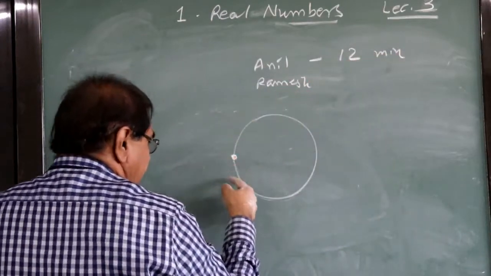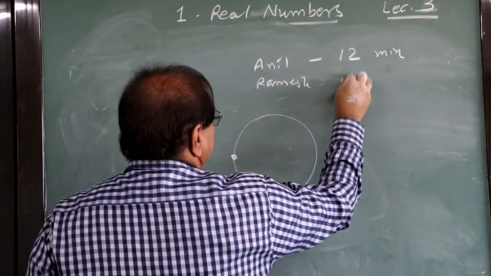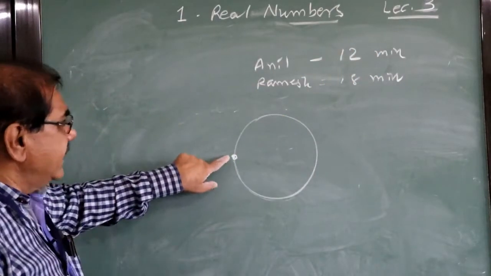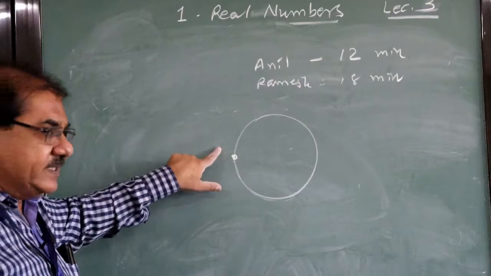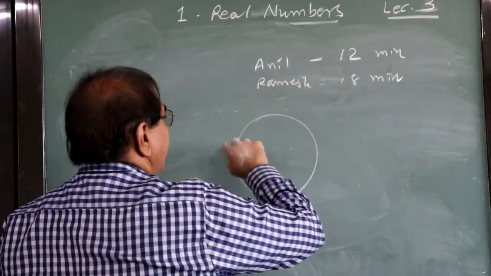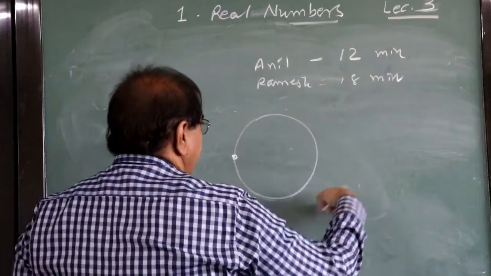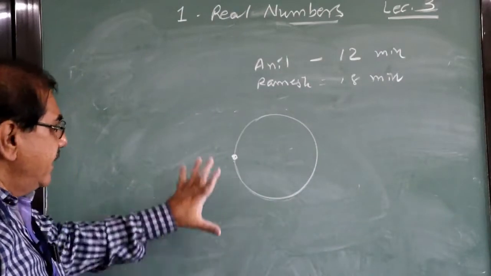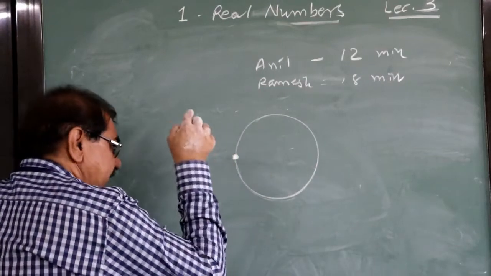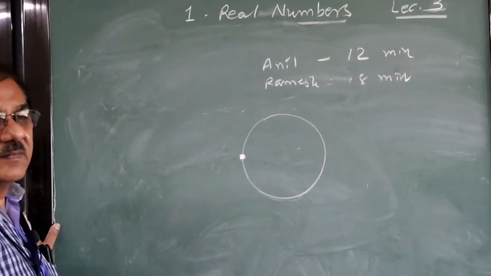And Ramesh does the same thing in 18 minutes. Okay? Both start at the same time from the same place, but their speeds are different. One completes the circular round in 12 minutes, second completes the circular round in 18 minutes. Then after how many minutes will they be at the same place at the origin again?